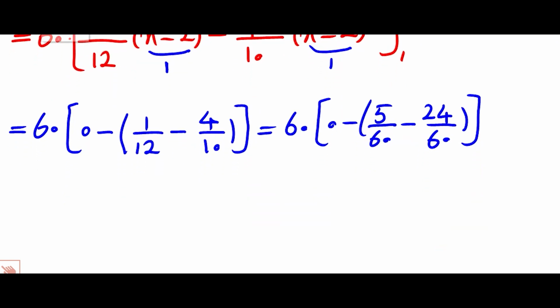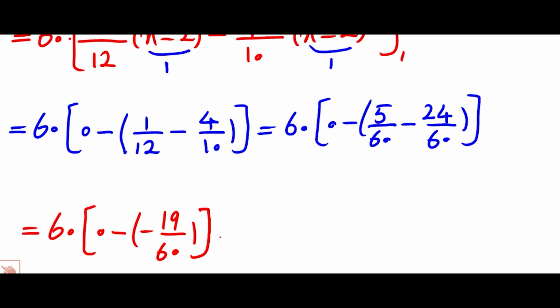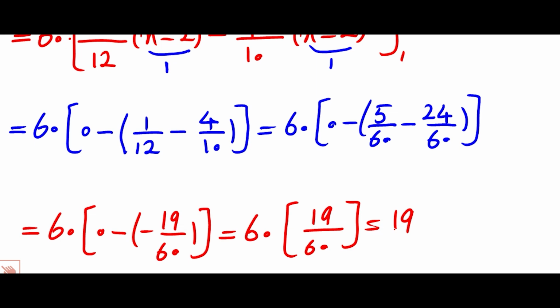So the final is 60 times 0 minus (5 over 60 minus 24 over 60) equals negative 19 over 60, right? So 60 times positive 19 over 60 equals 19.